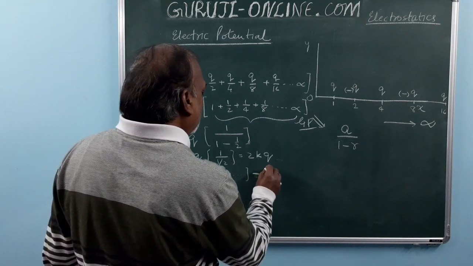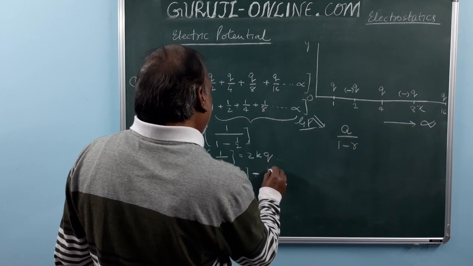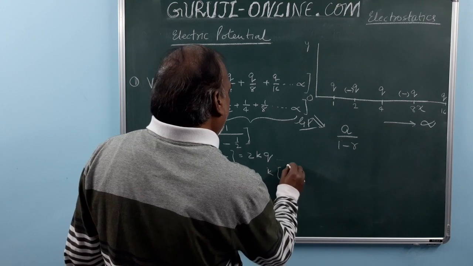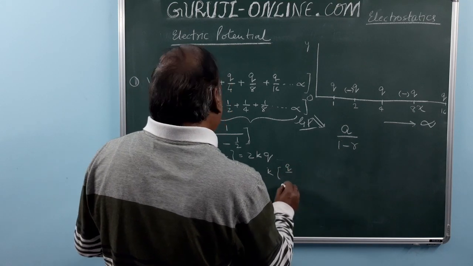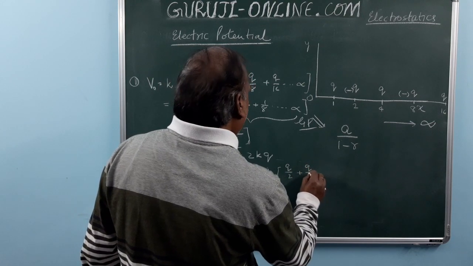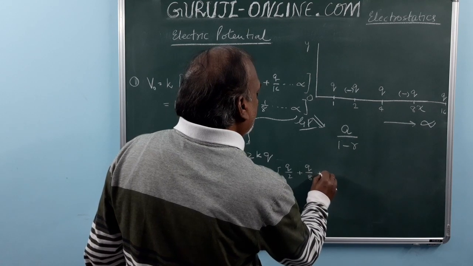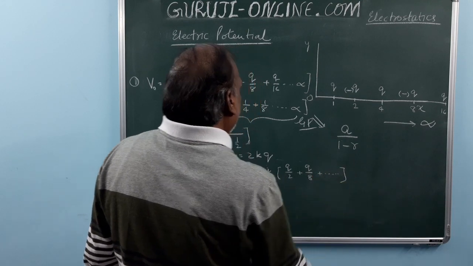This is minus, then this K, Q upon 2 plus Q upon 8, plus, you can write this.